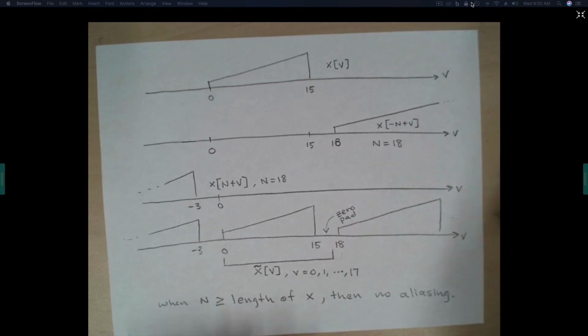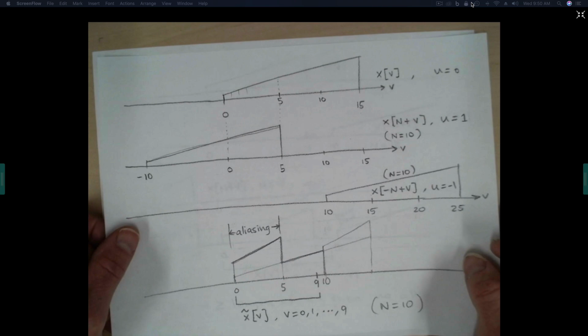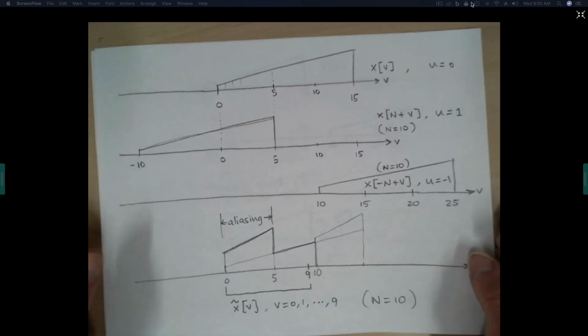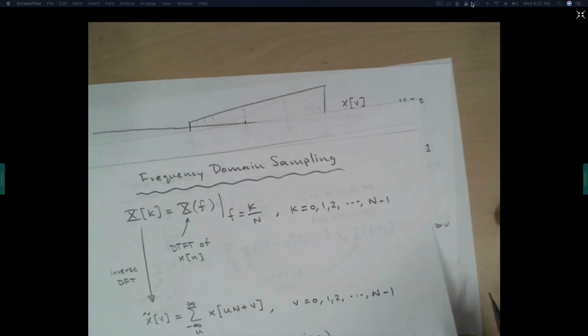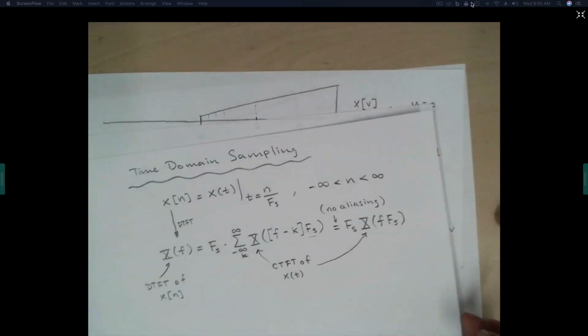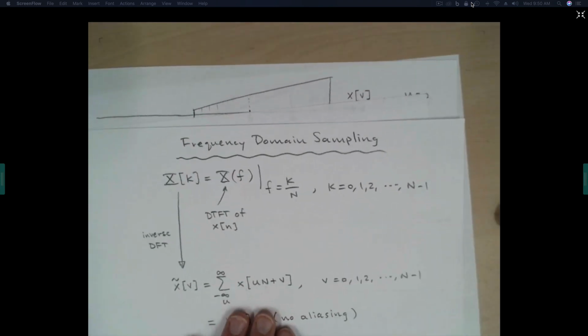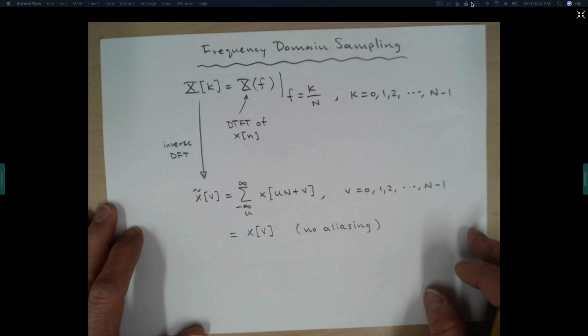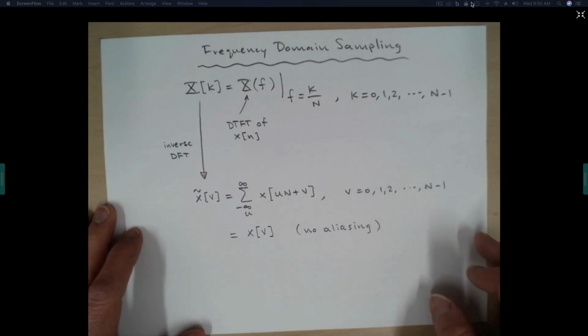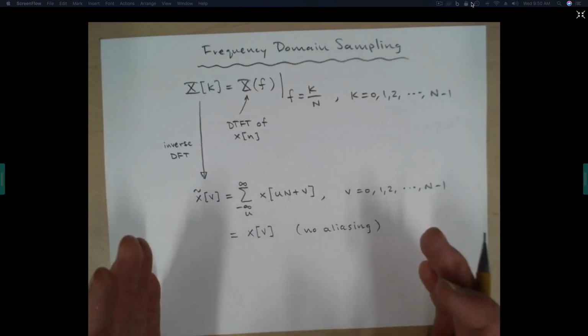So the moral of the story here is, once again, when we're approaching a problem to do data analysis, and we're going to use the DFT to do the analysis, we're given a set of samples.